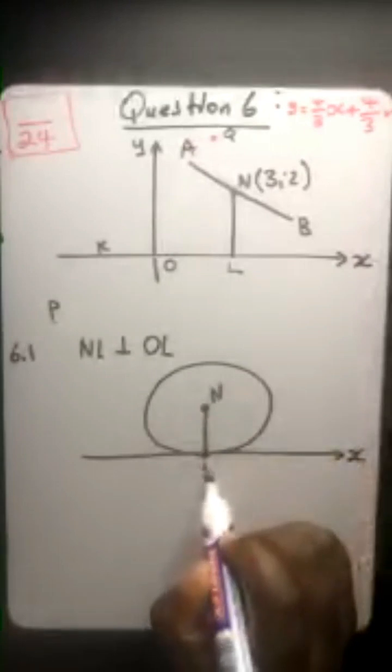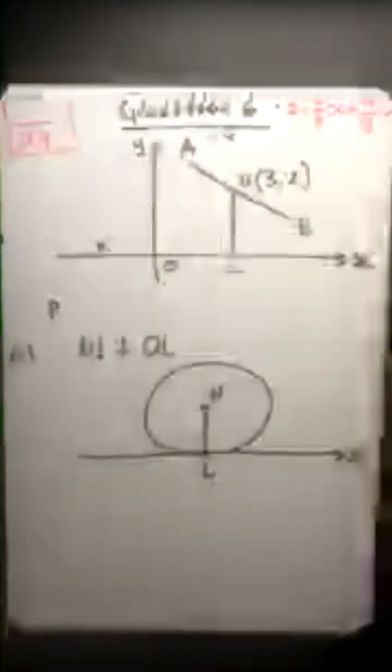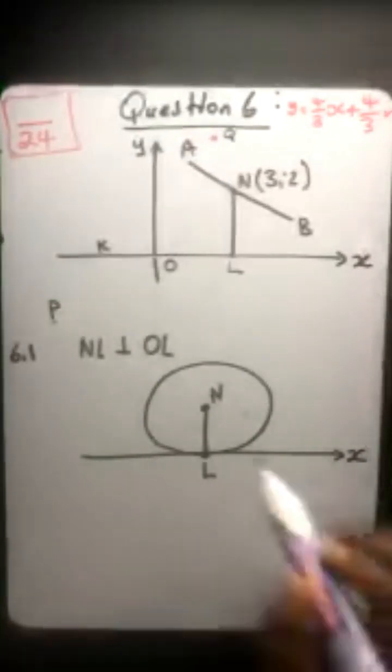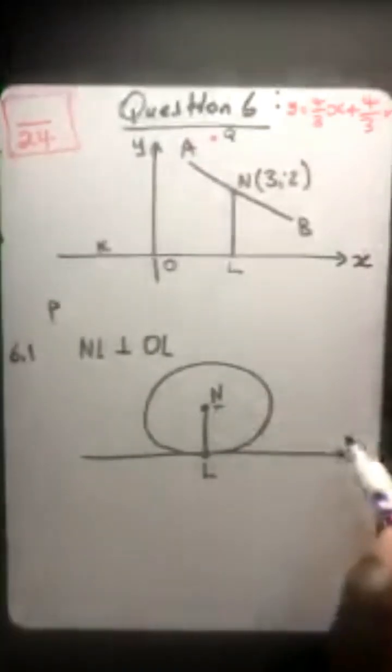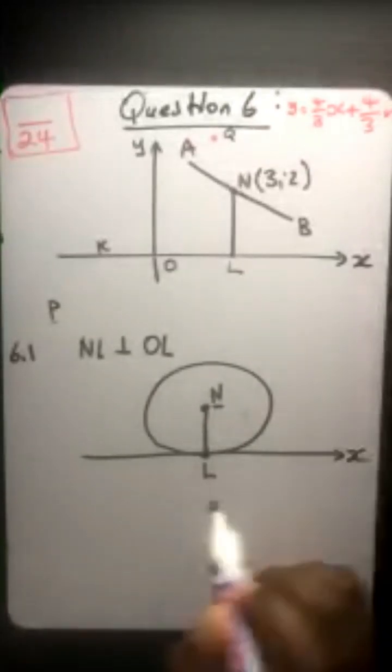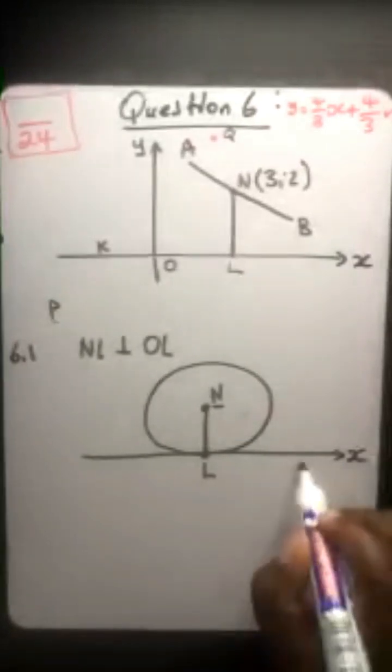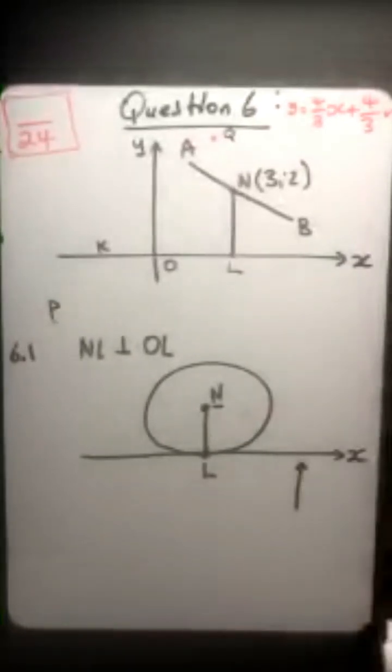I'm just giving you some hints there before we start answering that question. Remember, a circle centered at N touches the x-axis at point L. So automatically it makes this a tangent to the circle.